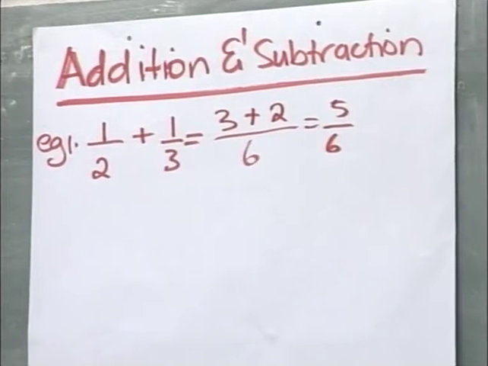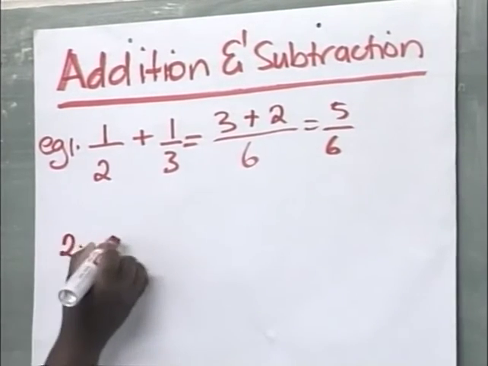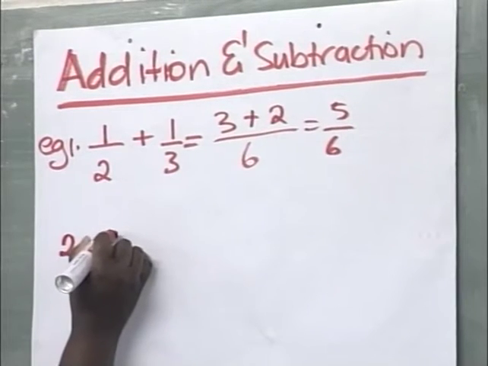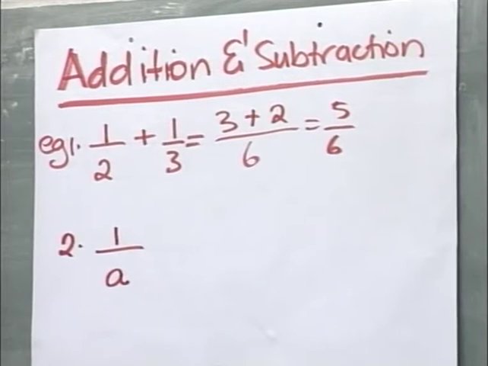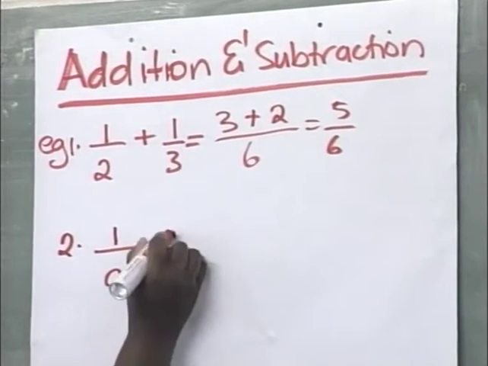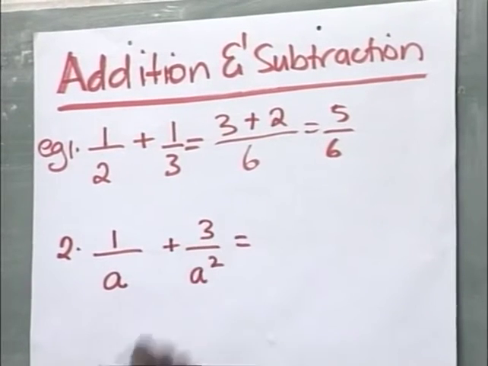Okay, the same applies to algebra. Say, for instance, if I was adding 1 over a plus 3 over a squared. What is the lowest common multiple of a and a squared? Megan?